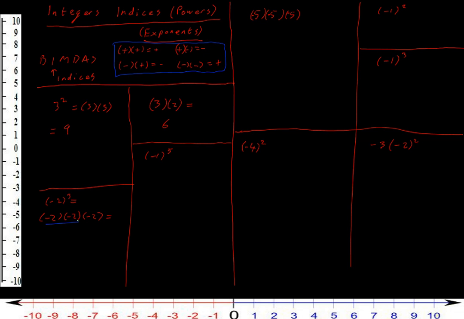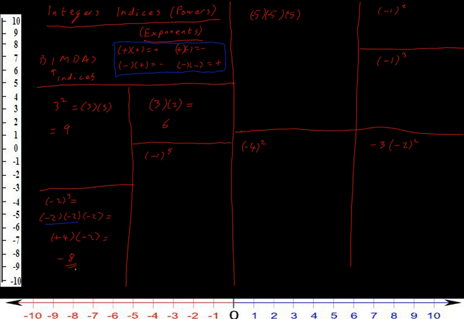I know that minus multiplied by minus gives me a plus. So I'm going to end up with plus 2 by 2 is 4. And the minus 2 is still there. I haven't done anything with it, so I have to keep it along. And then I have plus multiplied by minus is going to give me minus. 4 multiplied by 2 is going to give me 8. So I have minus 8 for my final answer.